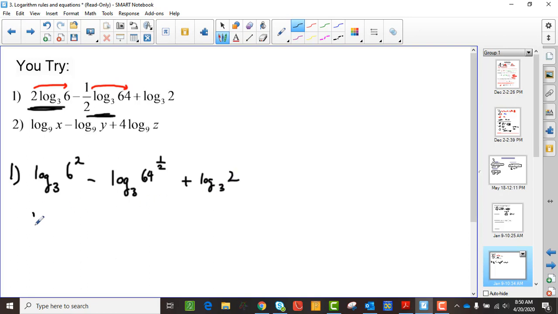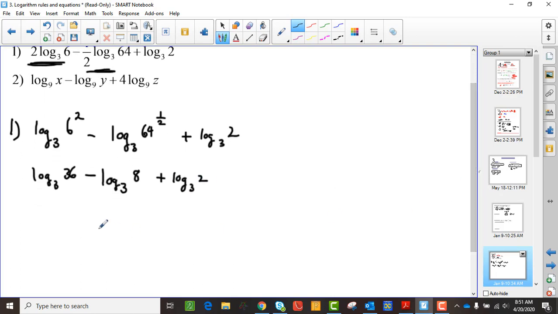Then I'm going to actually evaluate these. So log base 3, 6 squared is 36. So this is log base 3 of 36 minus log base 3 of 64 to the 1/2 is 8, and then plus log base 3 of 2. And then again, when I have subtraction, it becomes division, so it's 36 divided by 8.